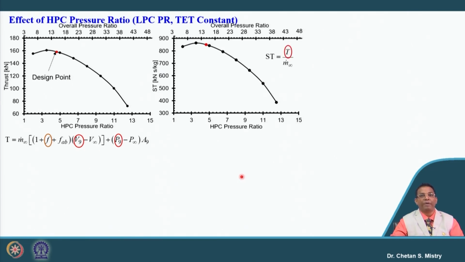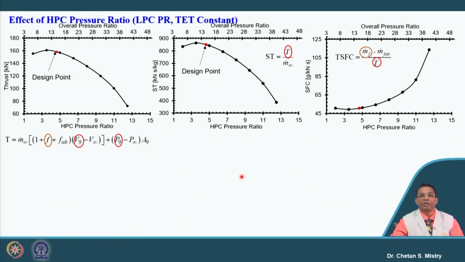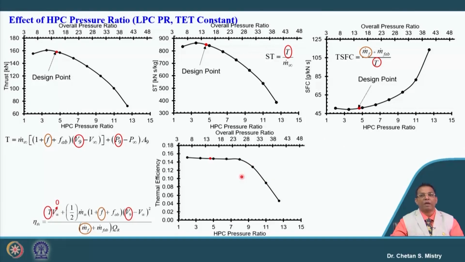The same will be the impact on my specific thrust, similar to what we discussed for the increase of overall pressure ratio by changing my LP compressor pressure ratio. Specific fuel consumption will increase here. Let us look at what is happening with the efficiency. For efficiency, we will also have a similar effect.